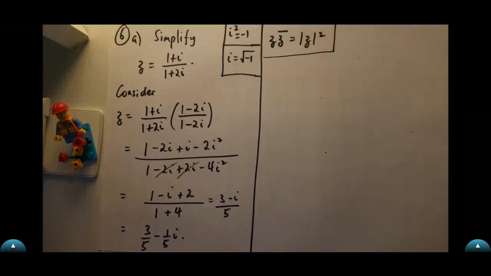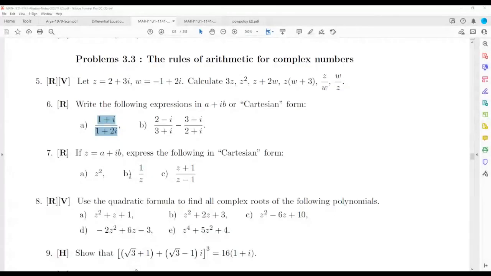So part B is very similar to this. I won't do part B, but let's have a look at part 7. Okay, let's do A and B. They're pretty easy. Okay, so if z is in Cartesian form, express the following in Cartesian form.